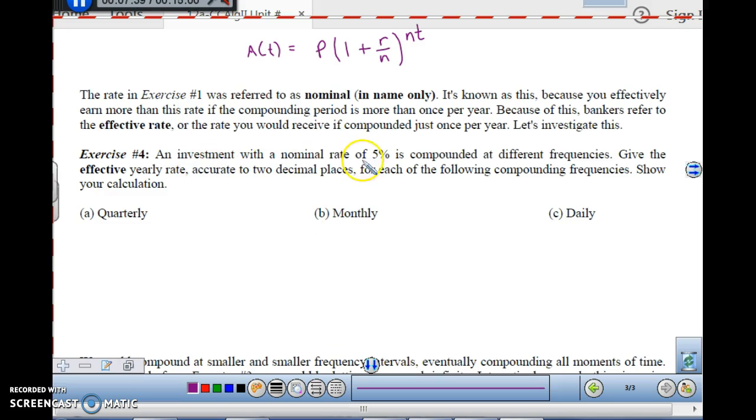An investment with a nominal rate of 5% is compounded at 5 different frequencies, or 5 different ways. Give the effective yearly rate accurate to 2 decimal places for each of the following compounding frequencies and show your calculation. So if it is quarterly, how many times a year is that? That's 4 times a year.